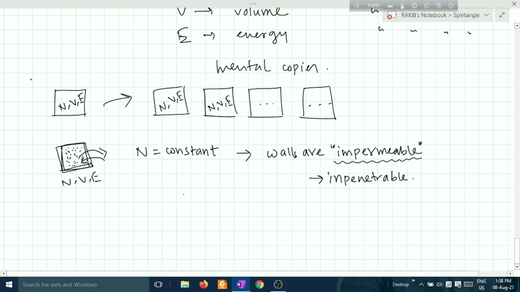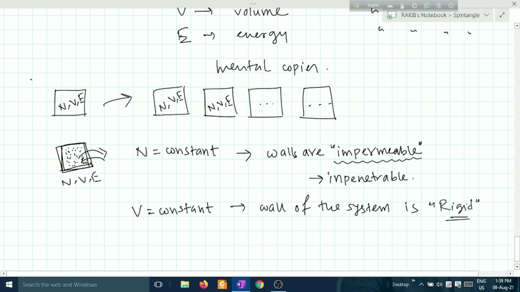Now, what does constant volume mean? This means the wall of the system is rigid. Rigid wall means you cannot press the walls inwards.